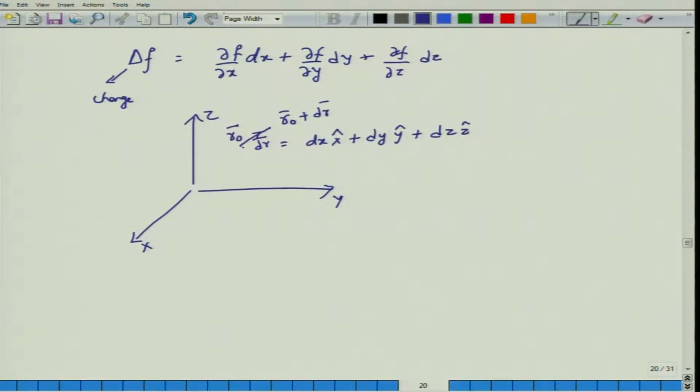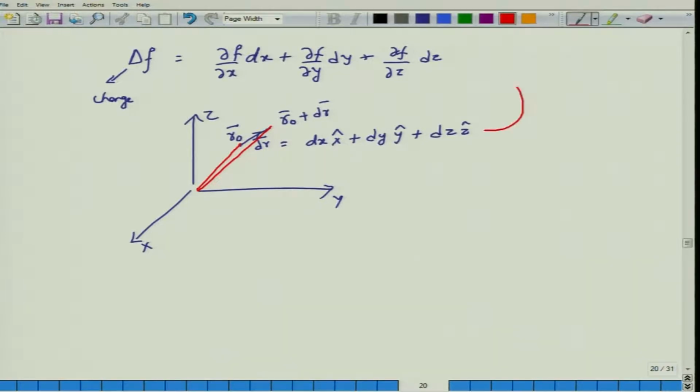So, if I go along direction x by a quantity dx, along y by dy, along z by dz, I am actually going from one vector which is the position vector at r0 to the new position vector at r0 plus dr, something that we have already covered here.